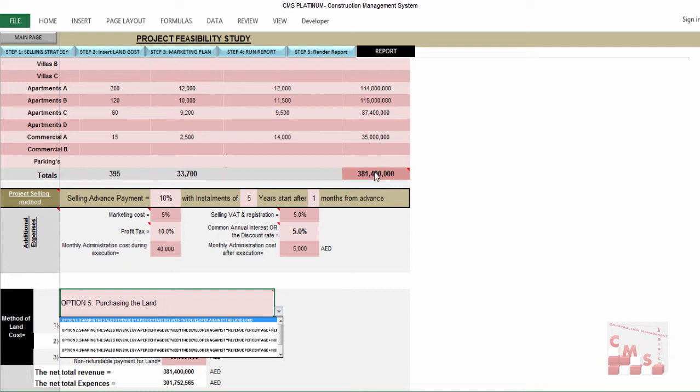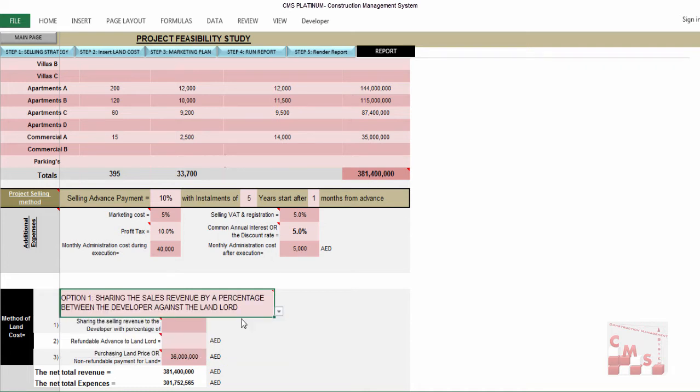This percentage must be agreed between you and the landlord. So let's take this example, and now we'll talk about this percentage. Here you have to add the percentage of sharing the selling revenue to the developer. That means the percentage you will take as a developer. Suppose you agree to have 60% as a developer.